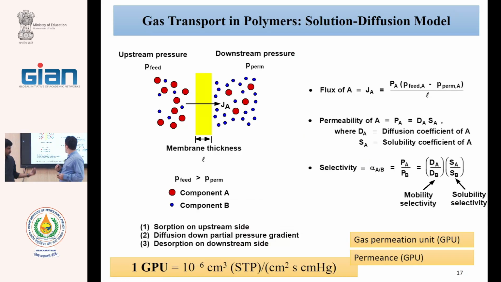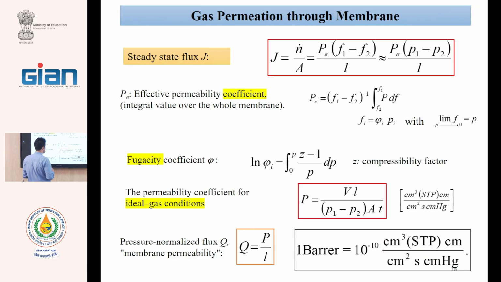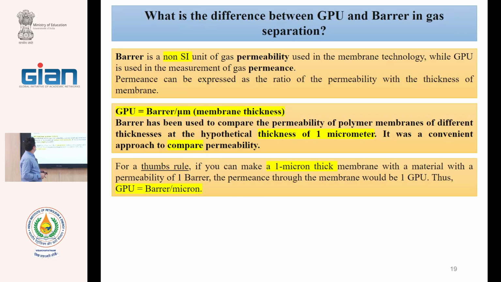Because in the barrier unit, the permeance of a membrane for a gas can change, since the thickness is not introduced.